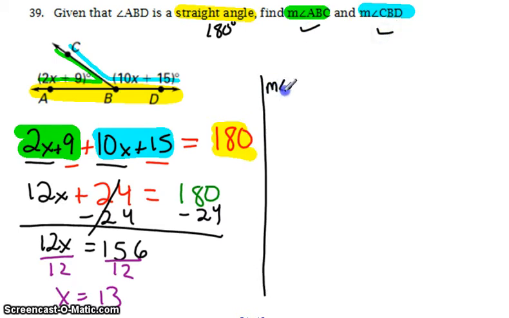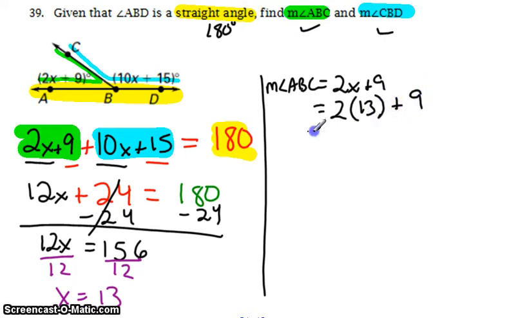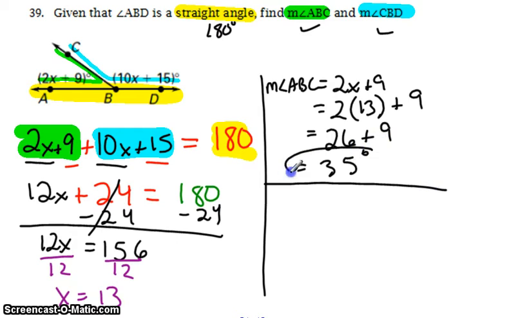Well, I know the measure of angle ABC was represented by the expression 2x plus 9. And if I plug in 13 for x, because that's what we found it to be, I know that's going to be 26 plus 9. And 26 plus 9 is 35 degrees. All right, so the measure of angle ABC is 35 degrees.